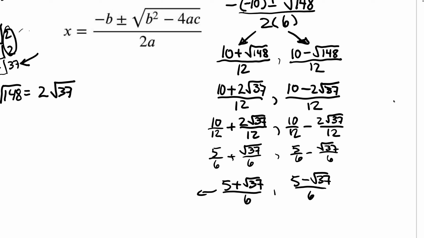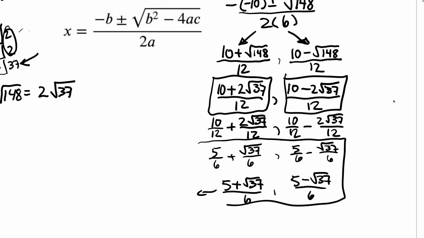Be prepared to simplify your radical down to at least this, or maybe down to one of these two values here. The values are the same, but where you go with it depends on what the requirements are of your teacher and what you're being asked for when you solve the problem.